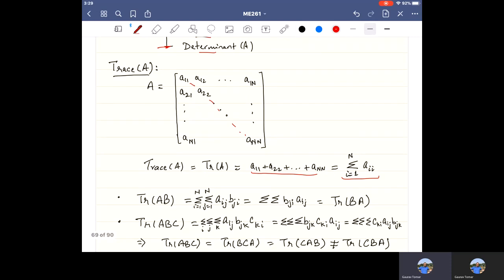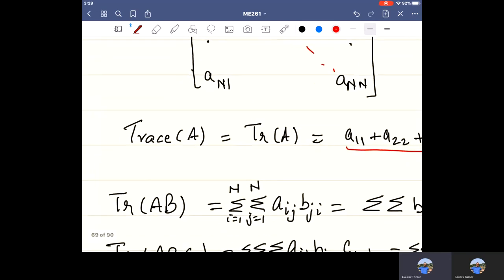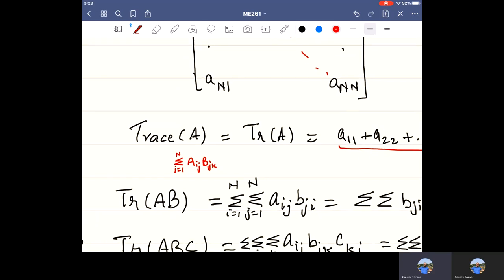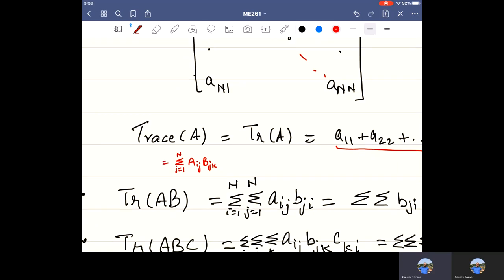Now suppose we talk about the trace of A times B. You can write the product A times B as the summation of A_ij B_jk, with j running from 1 to N. This gives you the product, which is C_ik.